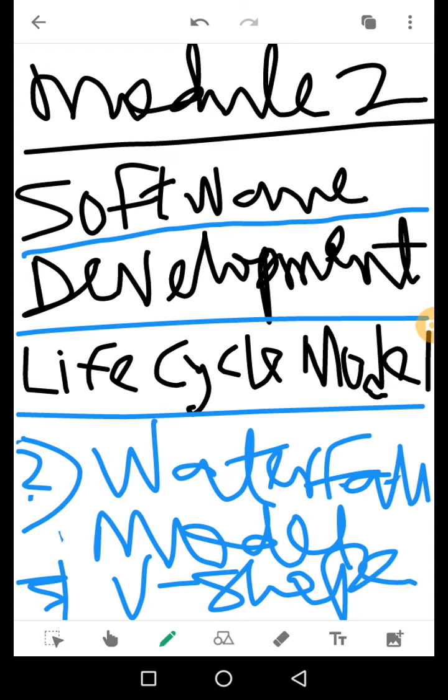Like a waterfall model. Are you getting it? Okay. Concerning requirements, requirements must start in the V-shaped model. A system test plan is created before development in the V-shaped model.